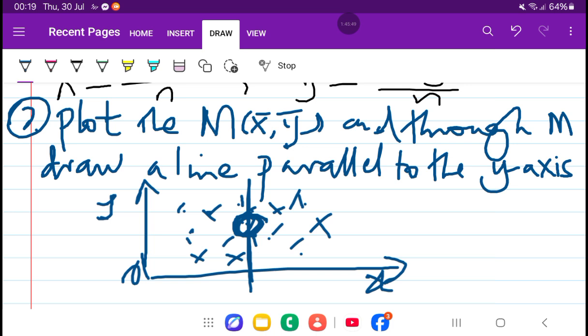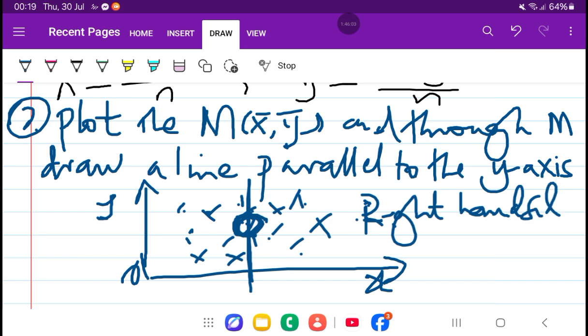Now what is going to happen is that the values on your right hand side will be equal to the values at your left hand side.